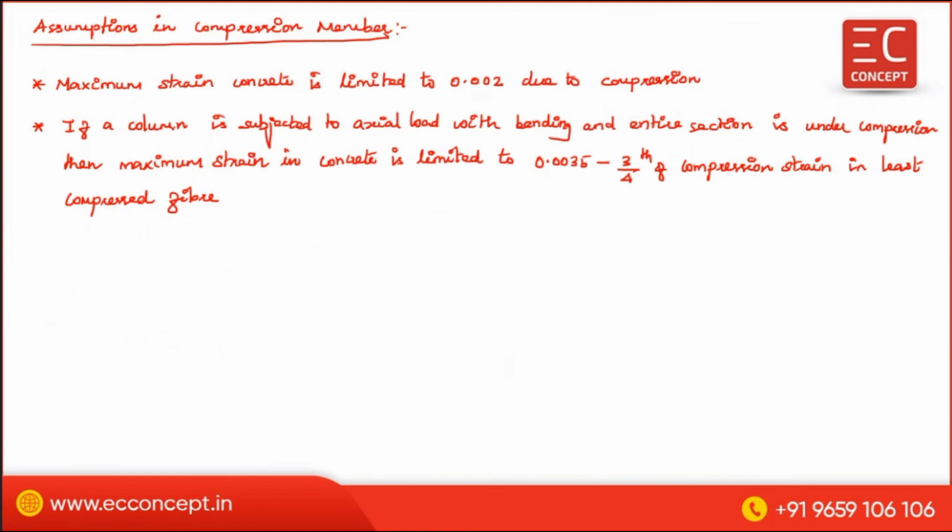Okay. So this assumption is important. What they are saying at this point is, if a column is subjected to axial load and moment, this is the centroid. Now this point is subjected to force P and bending moment P into e, equal to the moment.